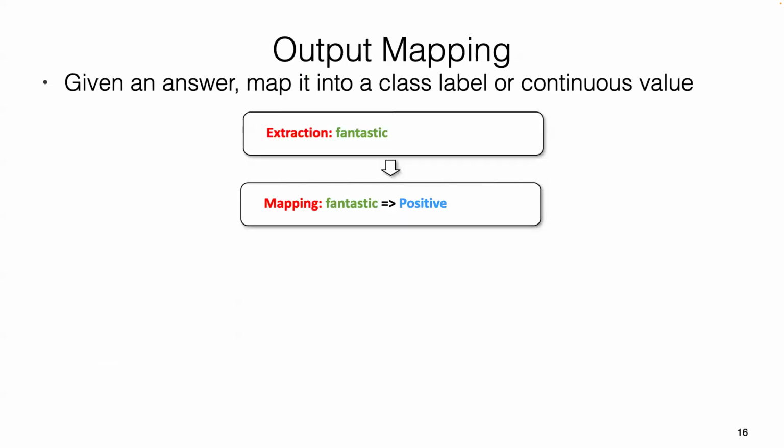Okay. Another is similar to extraction, but maybe a generalization: you can take the output and still do some mapping. A good example of mapping that's often done is for math problems. Let's say your model outputs x plus 1 and the answer is 1 plus x.